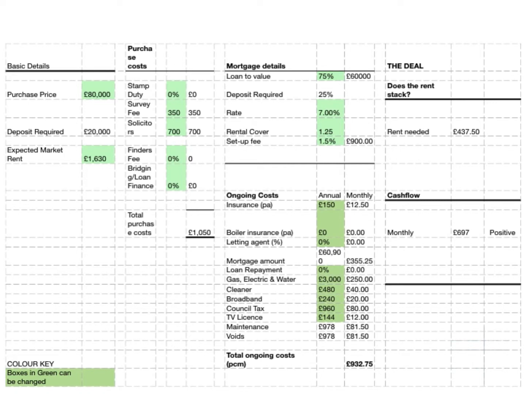If it's in a very popular area, you may not require to use 5%, but if it's not, and you're really not sure and you've not worked that area before, then you might want to increase that to maybe 10% of the rental income until you become more familiar with the area. And I put that information in there, and when you add that on this property, I've put aside 10%, so that's £160 a month.